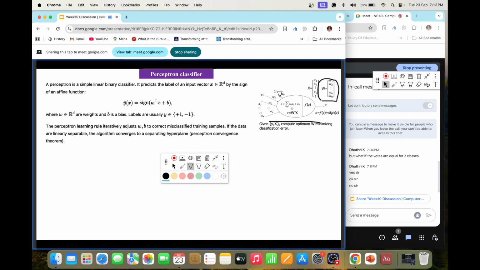The Perceptron algorithm does not consider that each input will have the same weightage. So each input can have different weightage. So each input has been given a different weight. X1 has been given W1, X2 has been given W2, and Xn has been given Wn. And then we have this W naught. W naught is also known as bias.